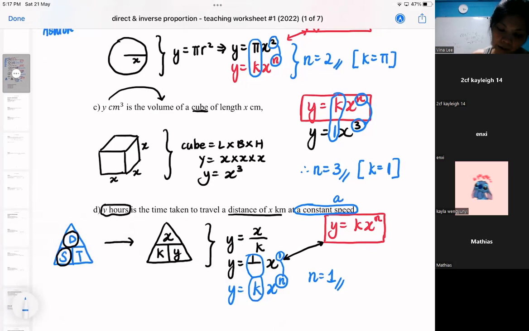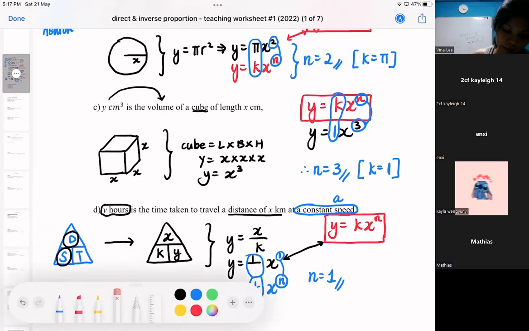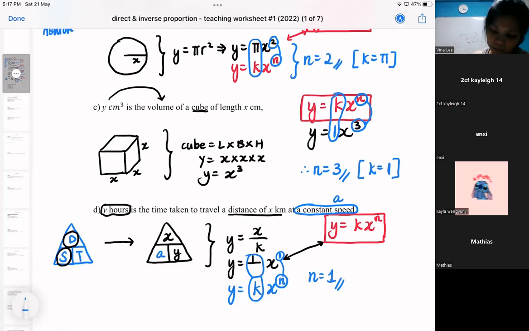So the constant is a, and k is essentially 1 over the speed, whichever speed the thing is traveling at.